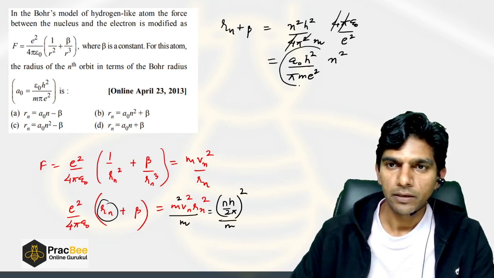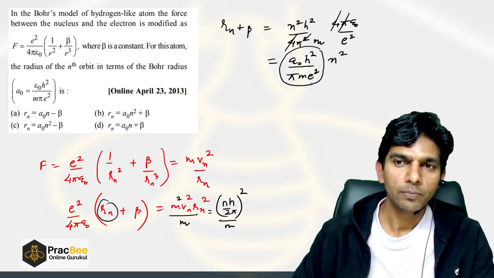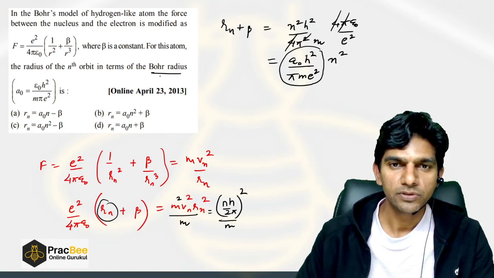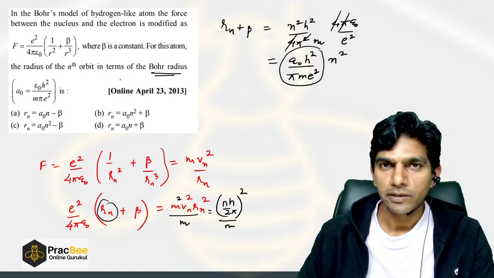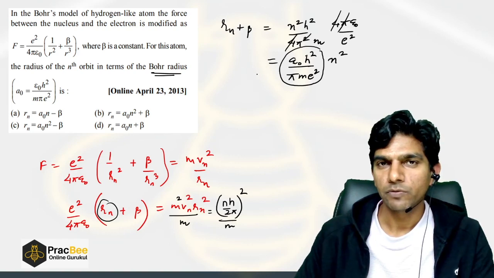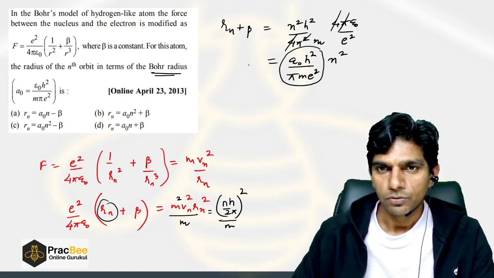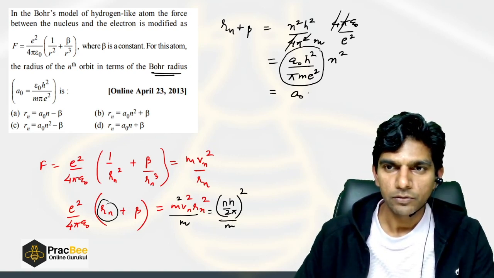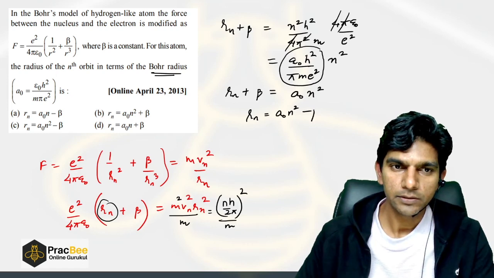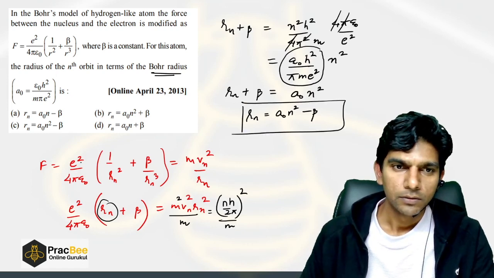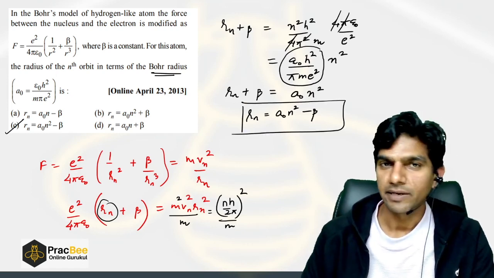Now this epsilon naught h square upon pi m e square is nothing but the Bohr's radius. Bohr radius is the radius of the first orbit, which is 0.529 angstrom. So this is given as a naught in the question. So we can say Rn will be a naught n square minus beta. So option C is the right answer.